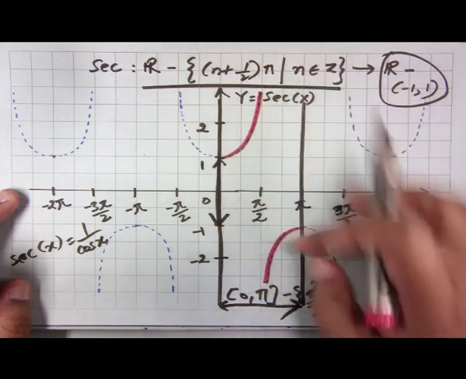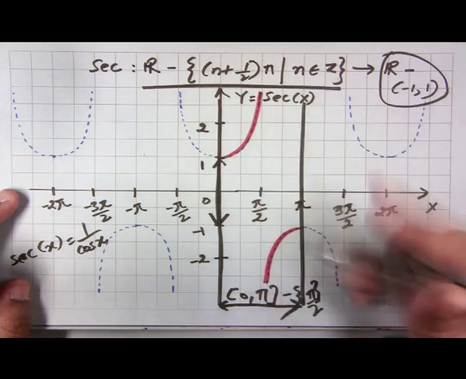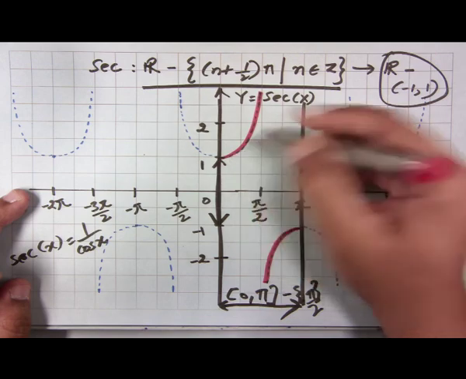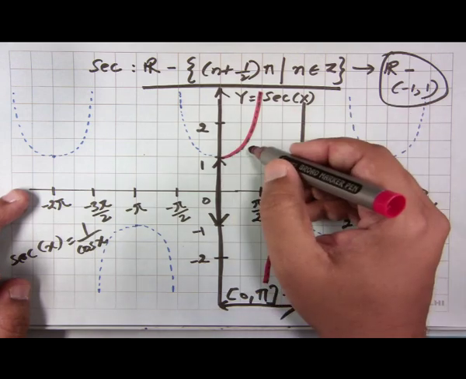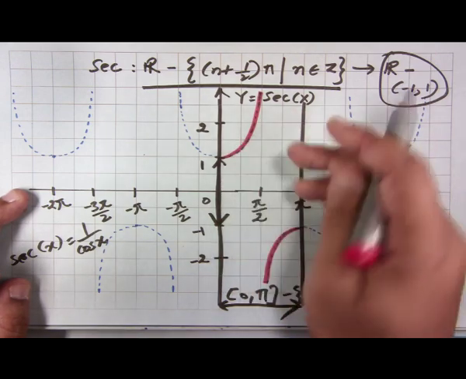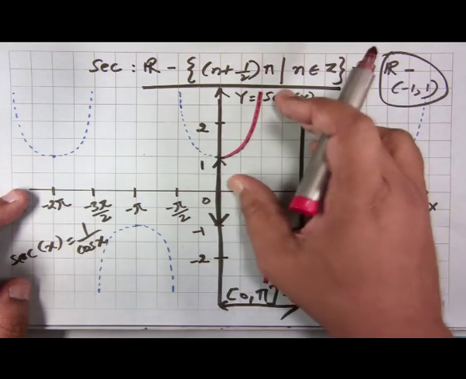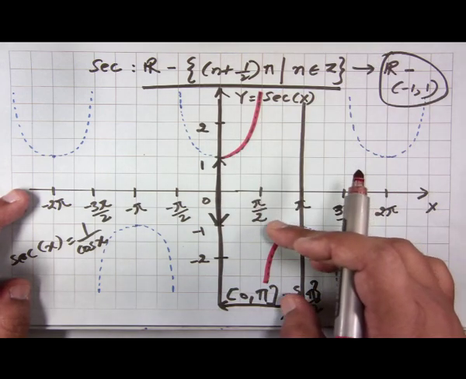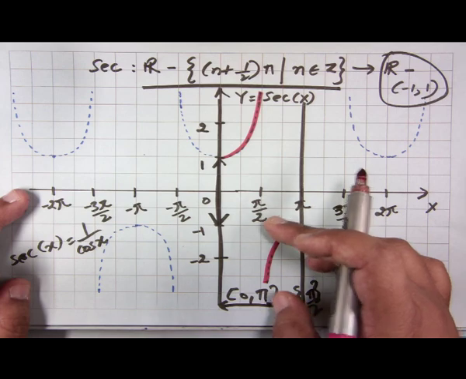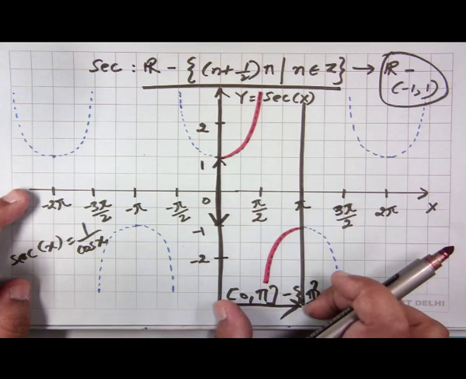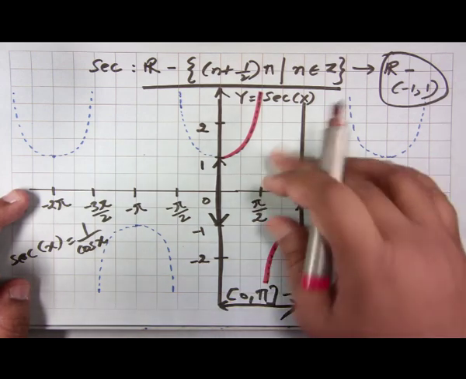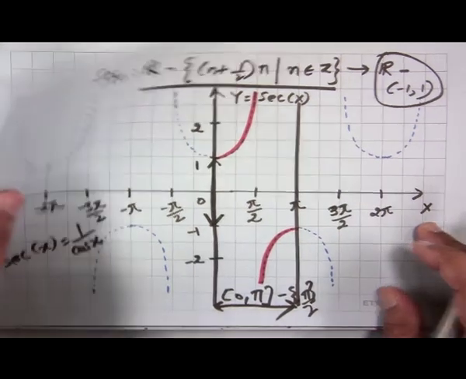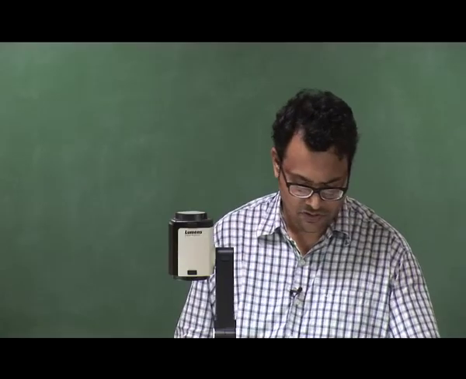Also, if we take any value of y, there will be a unique value of x such that secant of x is equal to y, and that value of x will be in this interval. Therefore, by this restriction we can meaningfully define the inverse of the secant function.